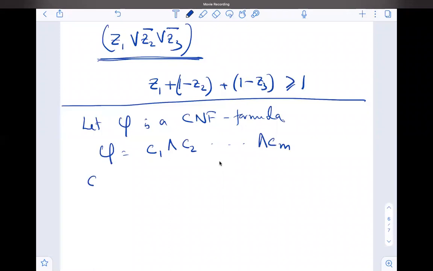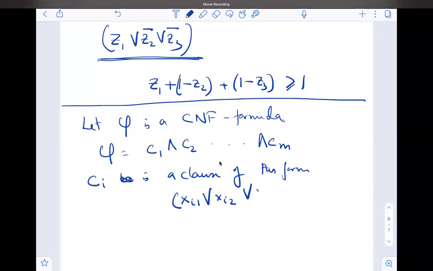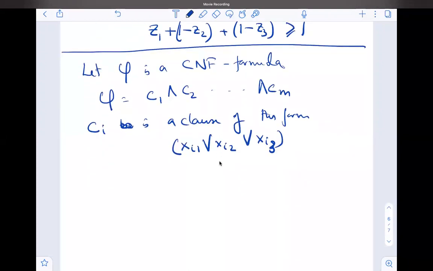But each Ci is a clause of the form Xi1 or Xi2 or Xi3, where each literal may be negated. Right? Good. Yes, sir.